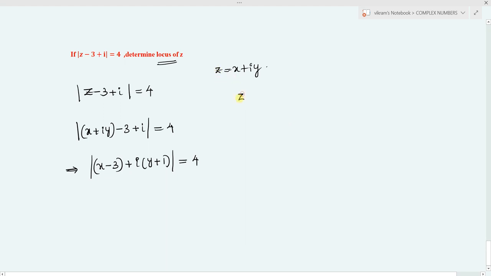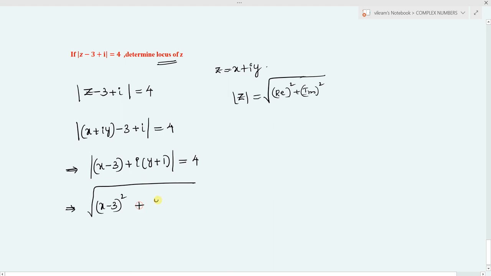Modulus of z can be written as square root of the real part square plus the imaginary part square. So we can write this as square root of x minus 3 whole square plus y plus 1 whole square equals 4.